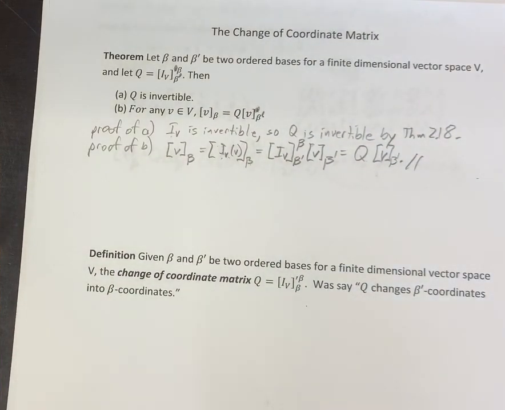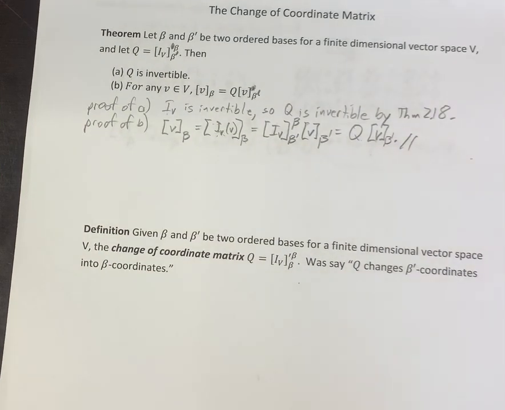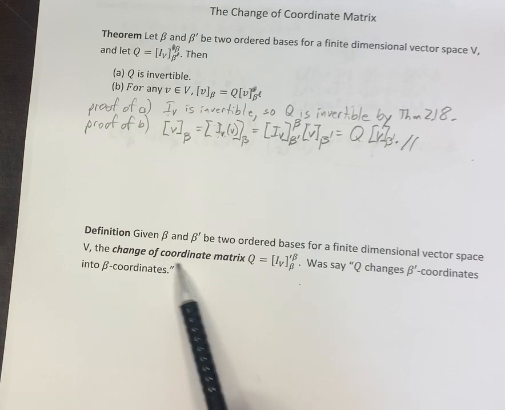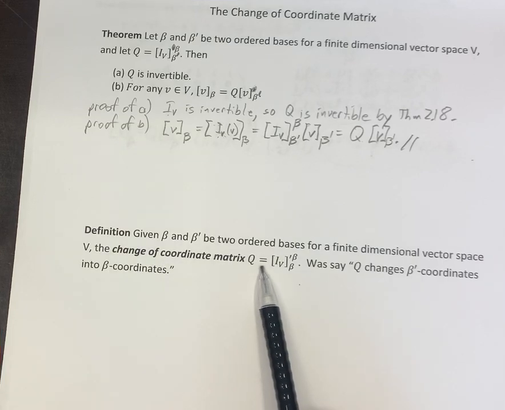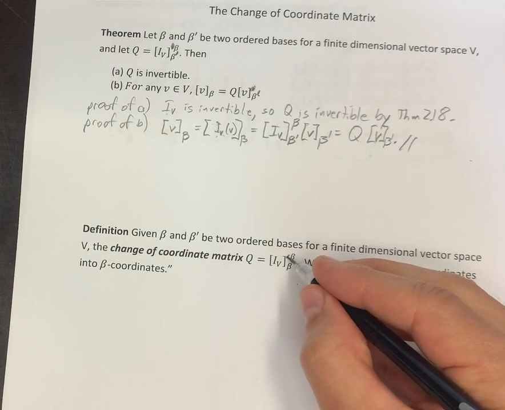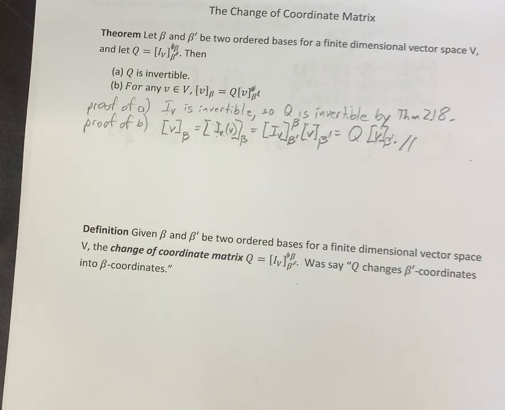And then this Q is exactly what the title of the section is. Given beta and beta prime two ordered bases for a finite dimensional vector space V, the change of coordinate matrix Q equal to this, and again, my typing is off, beta prime is at the bottom, beta is at the top.